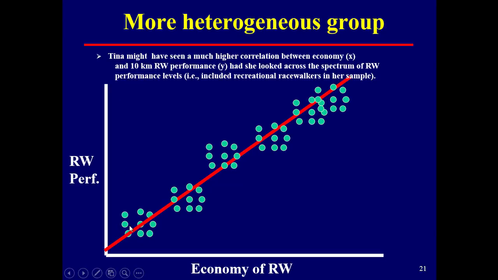Those that are less economical have poor race walking performance. So this is a more heterogeneous group. That brings up the value for the Pearson R. I definitely would have seen a decent correlation had I looked across a wider spectrum of race walk performance levels.